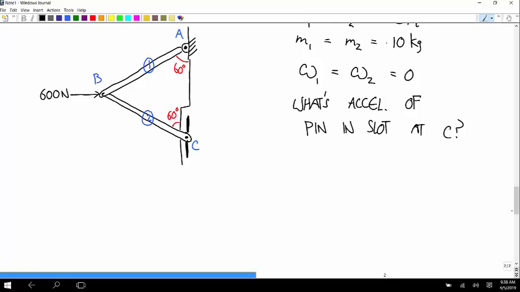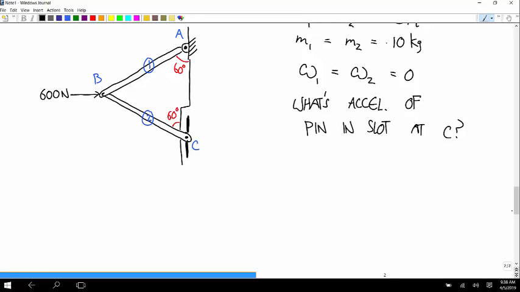So the variables in this one equation for body one are the force on 1/2 at this pin, so that's two variables, and then the angular acceleration of that body. So three variables in that one equation. Okay, so we're behind by 2 so far.